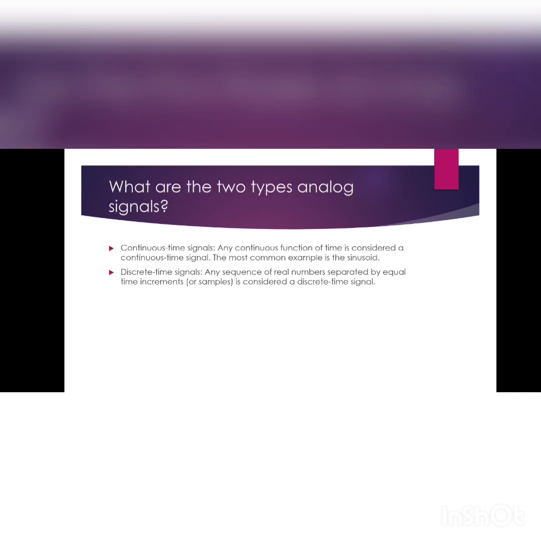What are the two types of analog signals? Continuous time signal and discrete time signal. Let us know about the continuous time signal. An analog function that is a continuous function of time is considered a continuous time signal. Along with time, it is continuously moving according to the function.